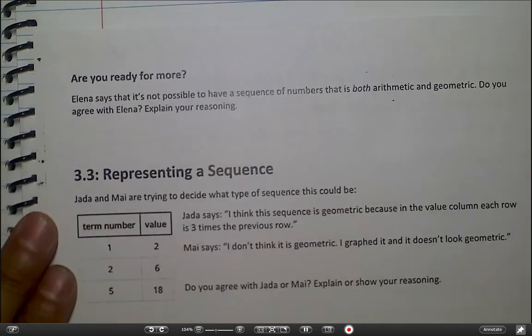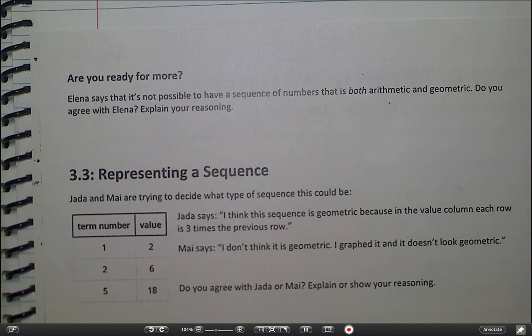All right, so let's take a look at this. It says, Elena says that it's not possible to have a sequence of numbers that is both arithmetic and geometric. Do you agree? Explain your reasoning. Think of a pattern of numbers that could be the same as multiplication and division.